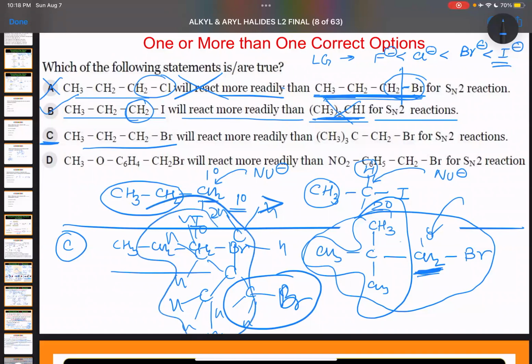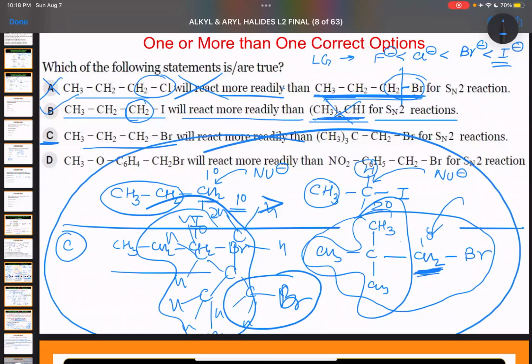If there is confusion, you can stop me and ask me any number of times. So this tertiary group will block the attack of the nucleophile. So SN2 is not going to happen. Clear? Yes, sir.